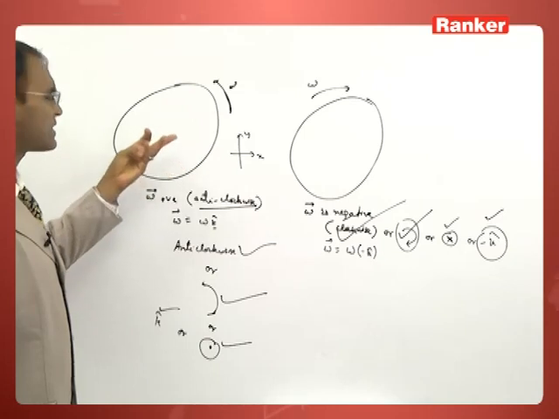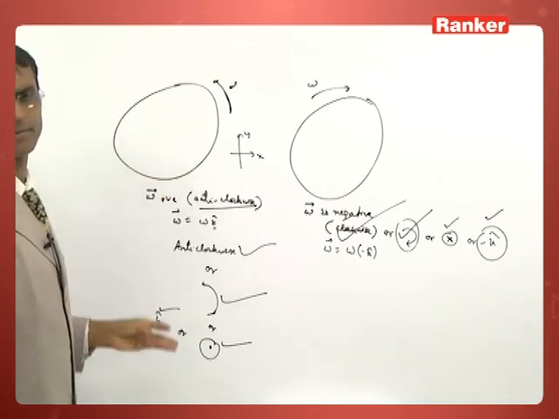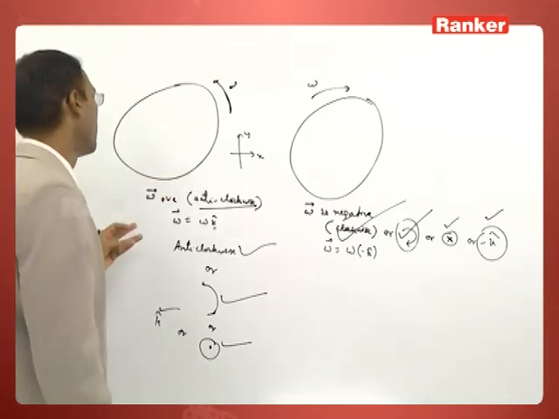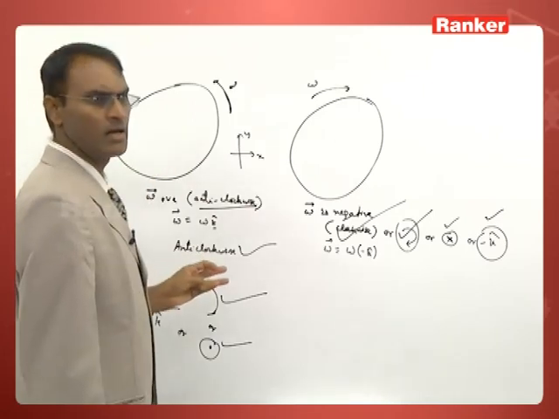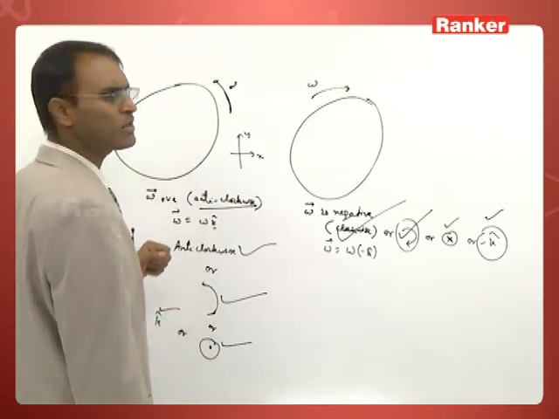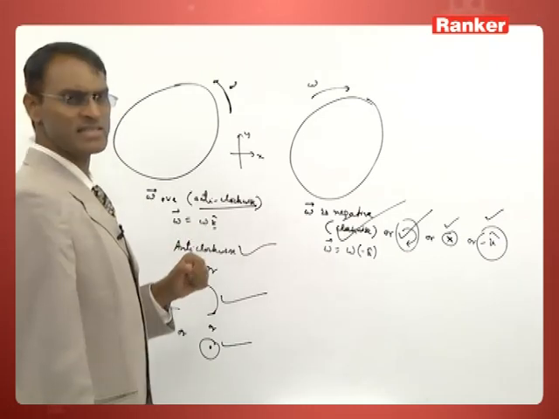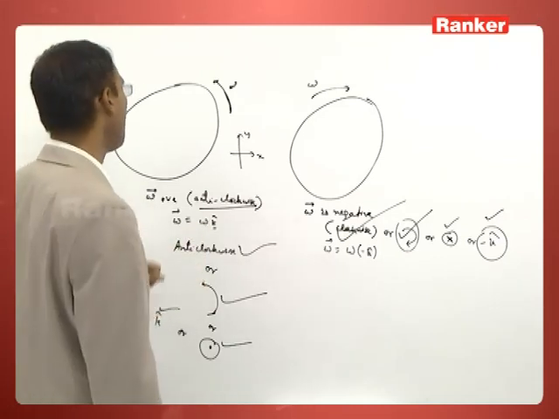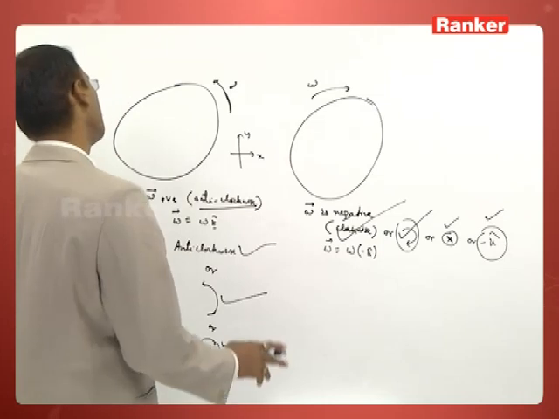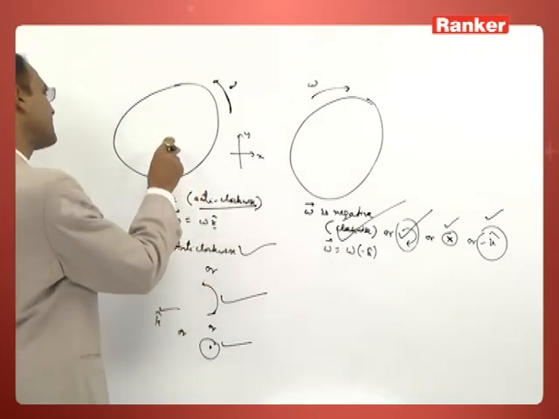Angular velocity does not depend upon any reference point. Angular velocity with respect to different axes will be the same. Angular velocity does not depend upon the axis in that sense.